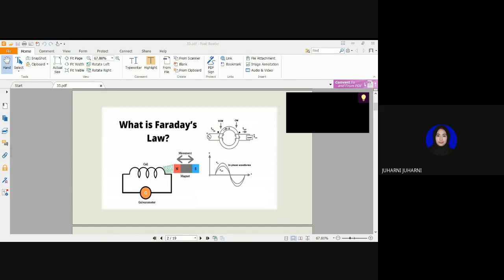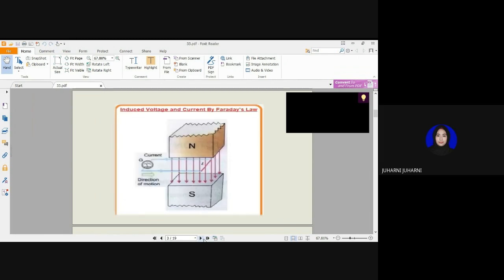Okay, next we will talk about induced voltage and current by Faraday's law. For practical implementations of Faraday's law and how it generates voltage, we discuss some experiments that will clear your concept about Faraday's law.